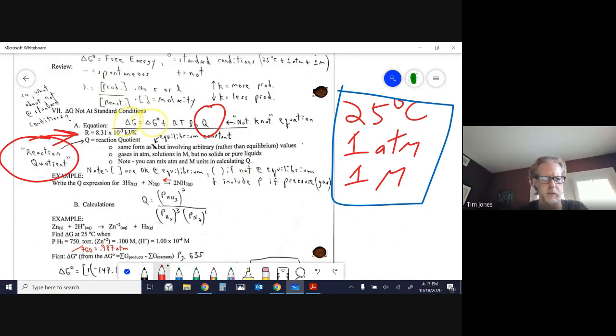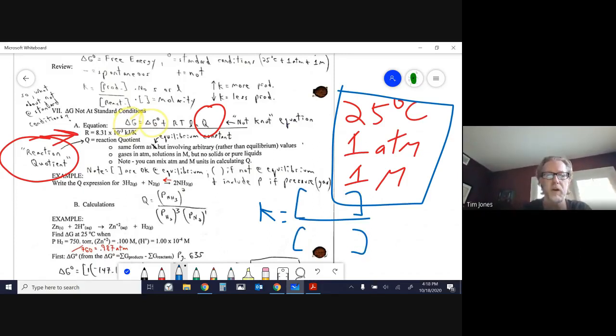Let's see if there's anything I need to mention. Oh yeah, this is not a huge deal, but it's one of those details you want to be careful of. If you're at equilibrium, you can use the term K and you can put things in brackets.